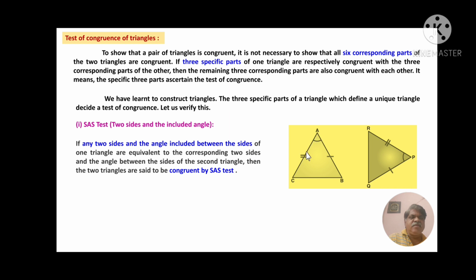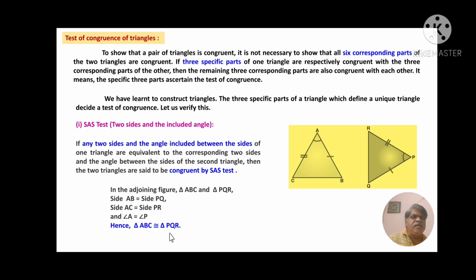Angle A is included between these two sides, AC and AB, and this angle P is included between PR and PQ. So in the adjoining figure, side AB is congruent with side PQ shown with identical marks, side AC congruent with side PR, and angle A is congruent with angle P. Hence we can say that triangle ABC is congruent with triangle PQR. This is the SAS test.